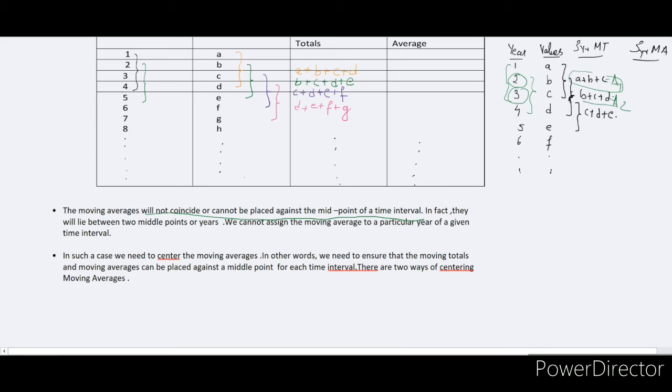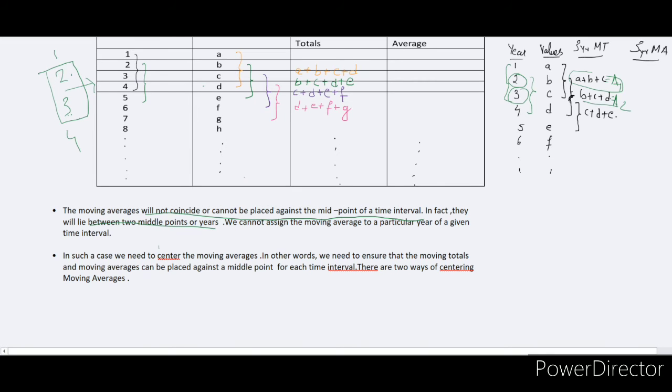For the first 4 years, 1, 2, 3, 4, if we add A plus B plus C plus D, we cannot assign the value to a middle year, because we cannot find a middle point. It will lie between two middle years: in this interval, year 2 and year 3, and the value will lie somewhere in between.